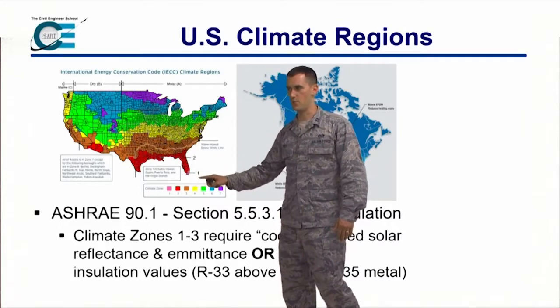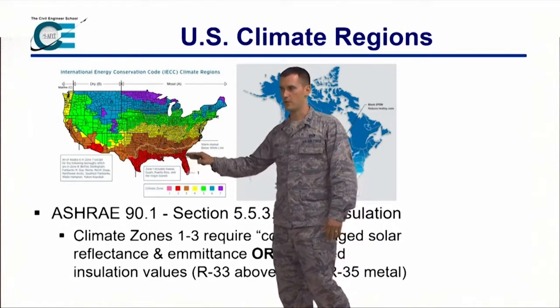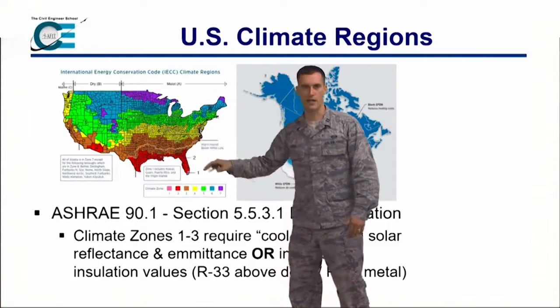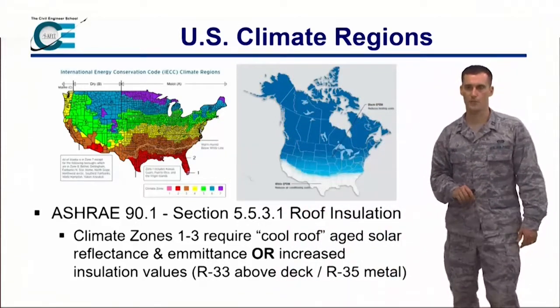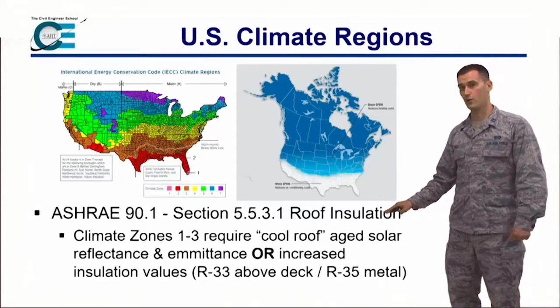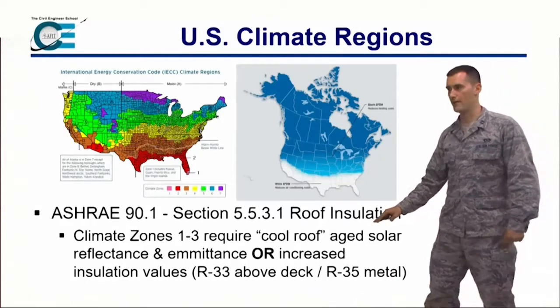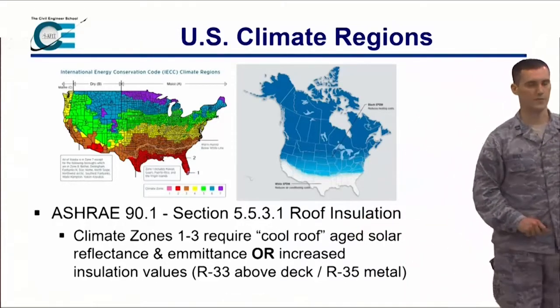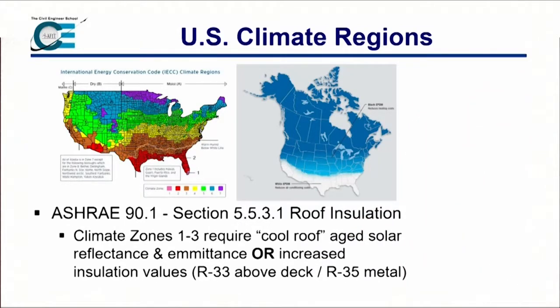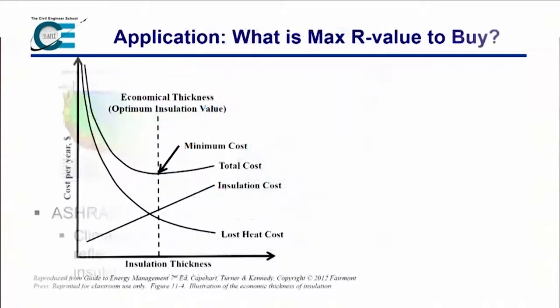Pink is just way down here in the southern tip of Florida, red and orange here. These are all areas where you have a lot of solar energy. Closer to the equator, you have more sunlight. They require a cool roof, or you have to have higher R values. You have to have R33 if you're above the roof deck, and R35 for metal roofs.